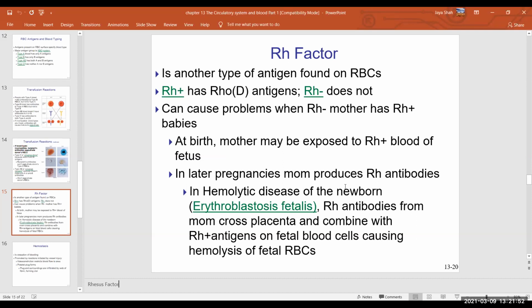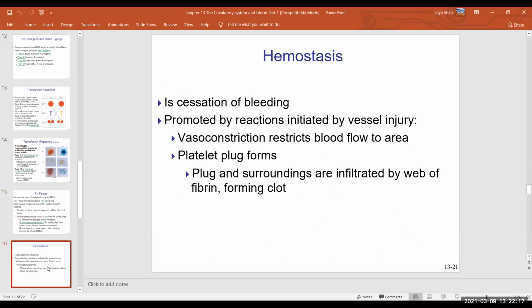In a later pregnancy, the mom produces Rh antibodies, and in hemolytic disease of the newborn, that is called erythroblastosis fetalis, Rh antibodies from the mom cross the placenta and combine with the Rh antigen on fetal blood cells, causing hemolysis of the fetal red blood cells. And that is the anemia you are born with. Okay. So that is the RBC.